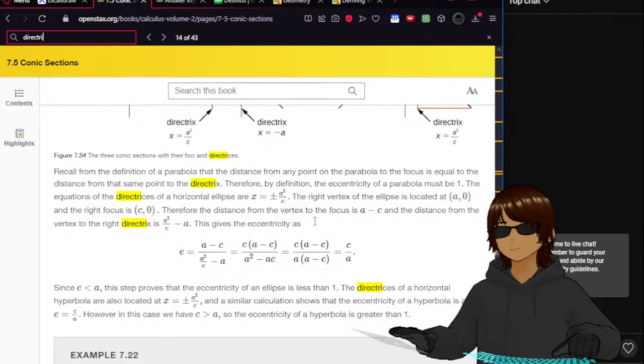Therefore, the distance from the vertex to the focus is a minus c. And the distance from the vertex to the right directrix is a squared over c minus a. This gives the eccentricity as c over a.